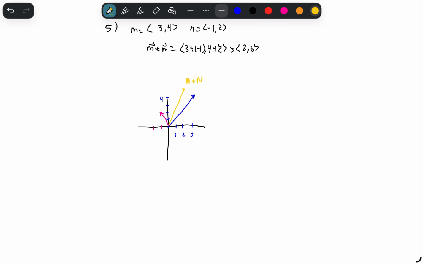It can also be represented by using the parallelogram, which would be this. Since the opposite sides here are going to be congruent, because we have this figure.